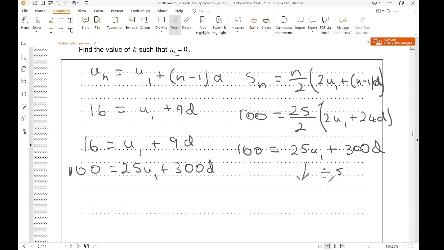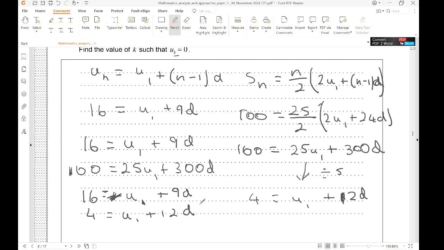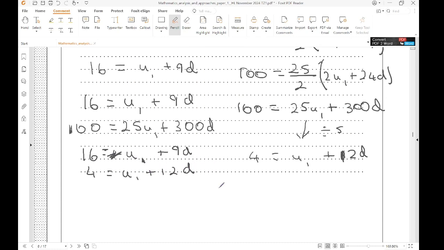So if we divide by 25, we should get 4 over here, is equal to u1 plus 12d. There we go. Divide the entire thing by 25, and that makes it way easier for us. So 16 is equal to u1 plus 9d, and 4 is equal to u1 plus 12d.